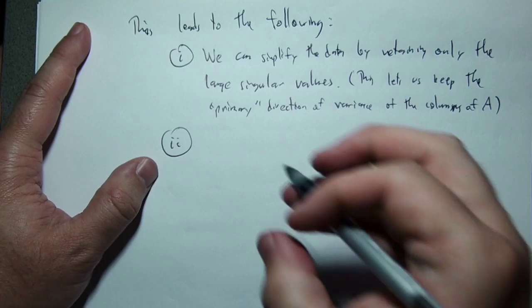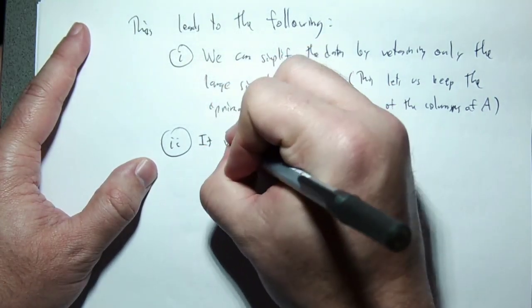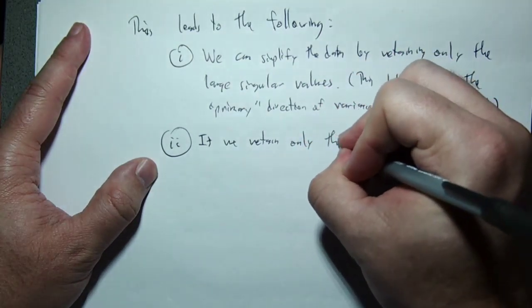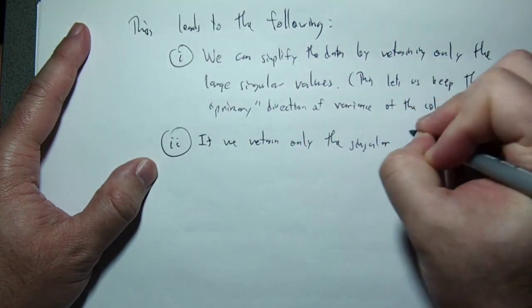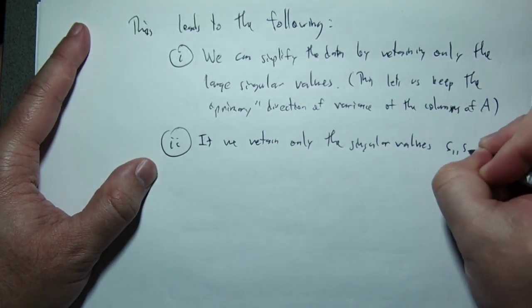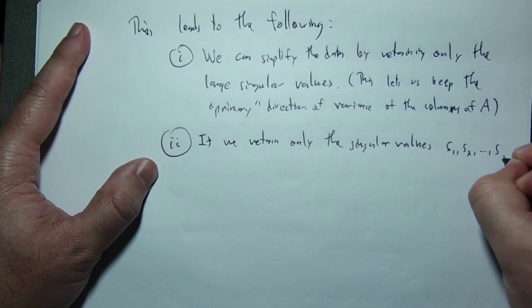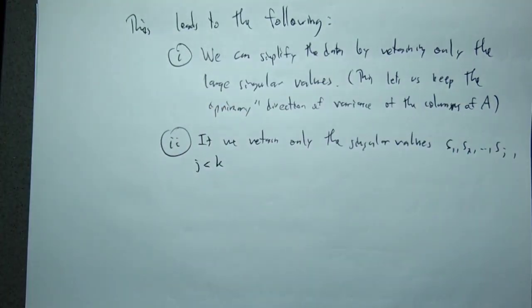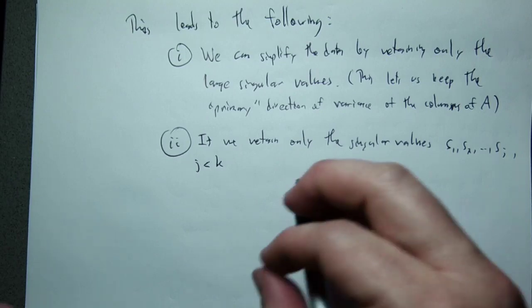Secondly, if we retain only the singular values, say s sub 1, s sub 2, up to s sub j, where j is strictly less than k, obviously. If j were allowed to be equal to k, we didn't really get rid of anything.